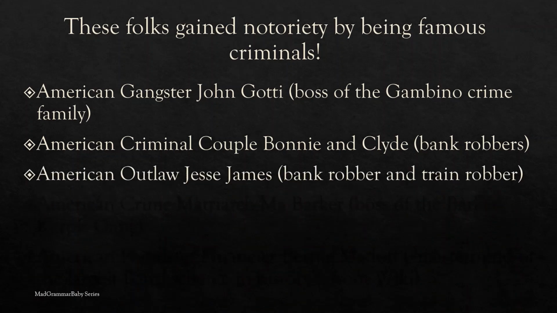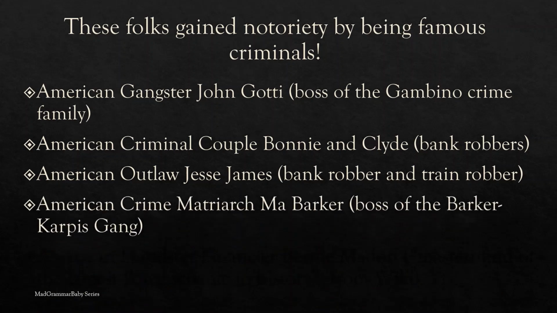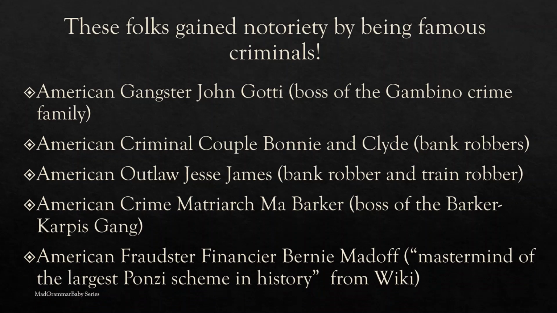American outlaw Jesse James was a bank robber and train robber. American crime matriarch Ma Barker was the boss of the Barker Karpis gang. American fraudster financier Bernie Madoff, he was the mastermind of the largest Ponzi scheme in history.